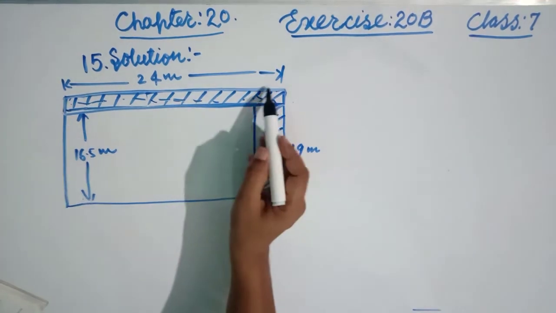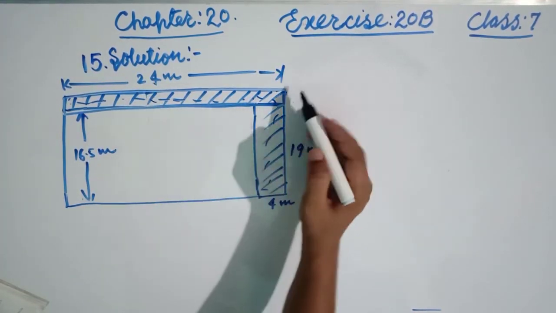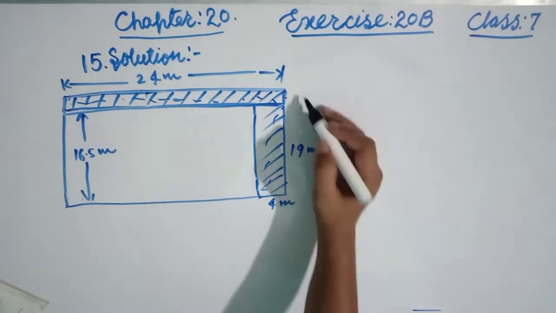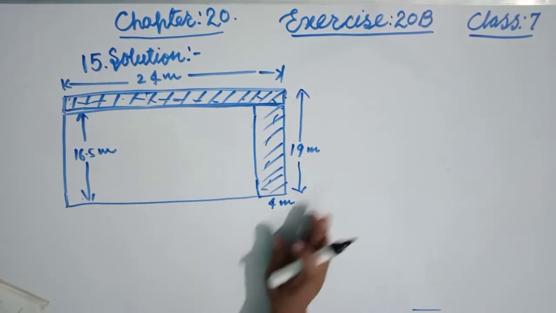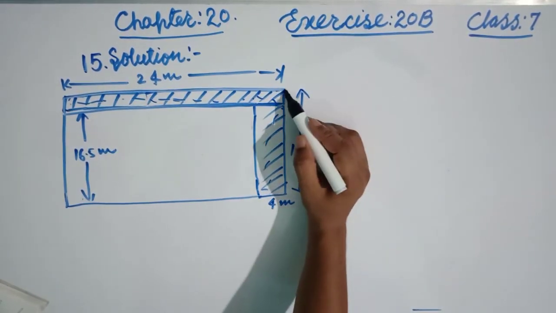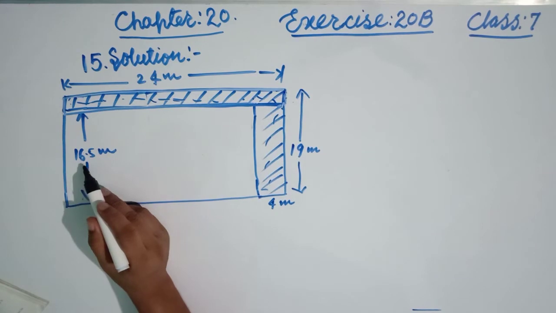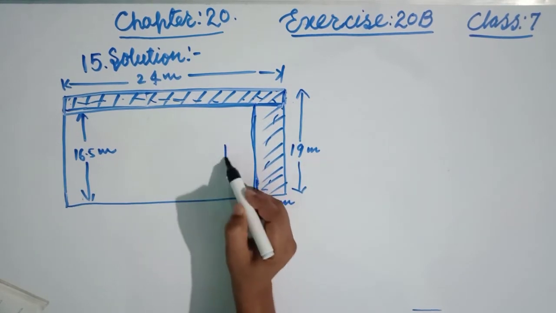So the length of this face is given, friends, 24 meter. And now the breadth, this is the breadth. Look at the friends, total length is given from here to here, this is 19. And we have to find this breadth. So this breadth is 19 minus 16.5, because the length from here to here is 16.5.